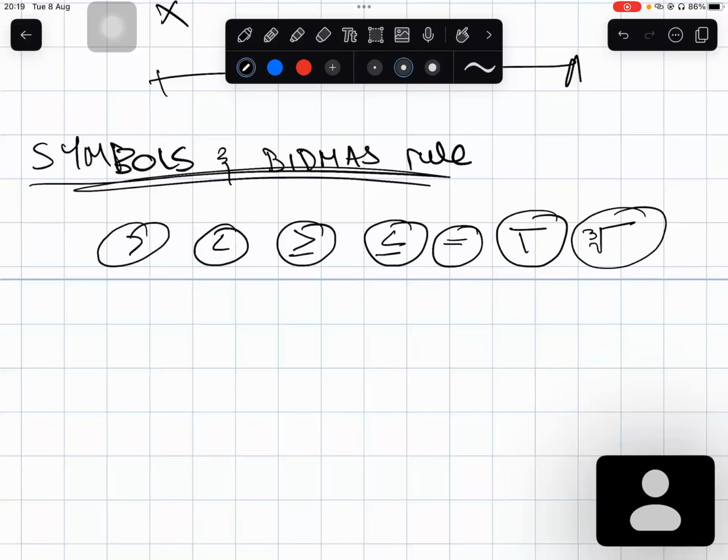Okay, so when you see an expression like this, x is, for example, greater than 10. So what do you think are the possible values of x? If x is greater than 10, then can x be equal to 8?